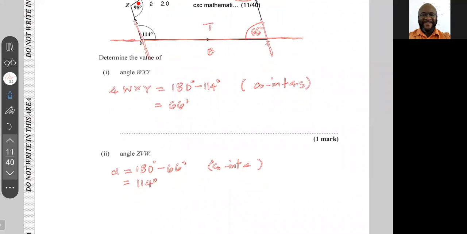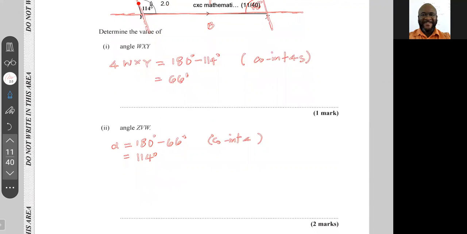Now, there's a formula for calculating the sum of the interior angles of a polygon. The formula is S equals 180 multiplied by N minus 2 degrees, where N is the number of sides. So the sum of the interior angles is 180 multiplied by 5 minus 2.